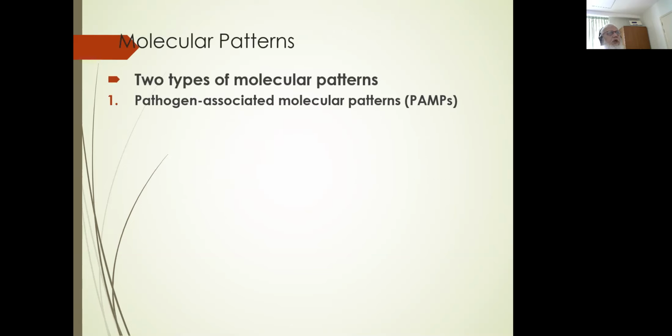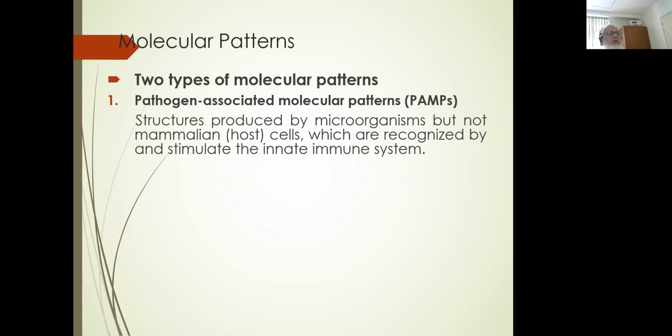So, molecular patterns we can describe. There are two types of molecular pattern. One is pathogen-associated molecular pattern. These structures are produced by the organism, but not by the host cell, and they are recognized by and stimulate the innate immune system.